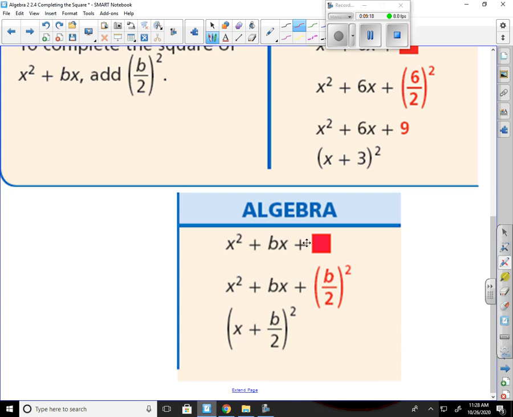Algebraically, this is just without the example, whatever your b is over 2 squared. Whatever was inside of here, remember, comes down to here.